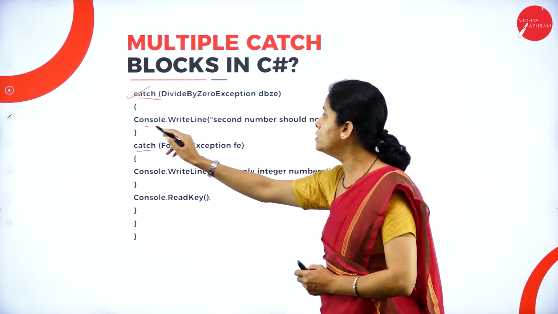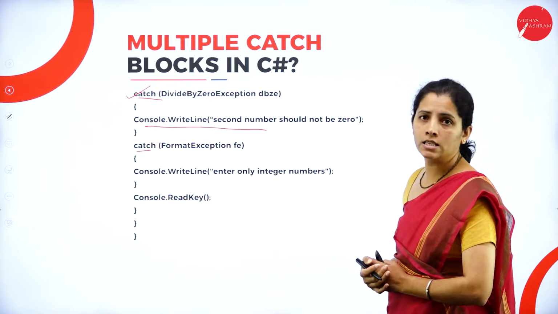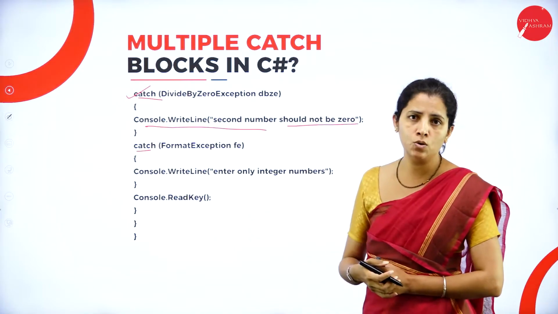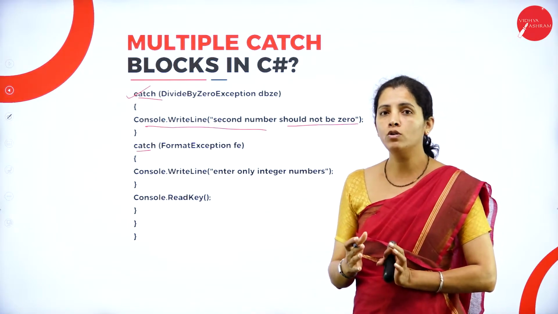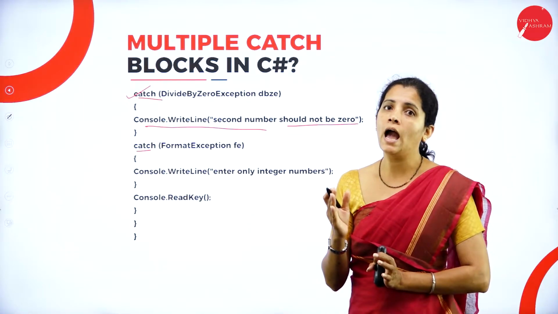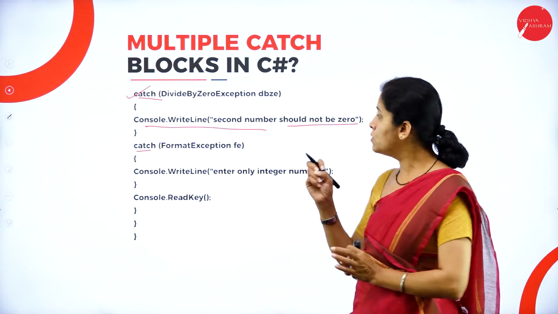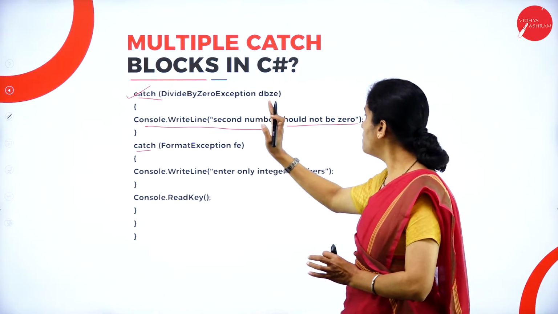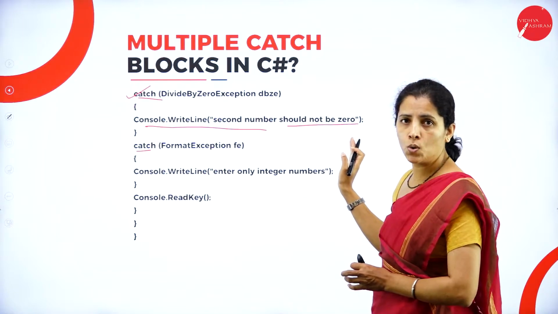And I'm going to display the message, in the sense, second number should not be 0. Suppose if I want to perform division, then I must have some number. So here, what message am I going to display? That is, second number should not be 0.